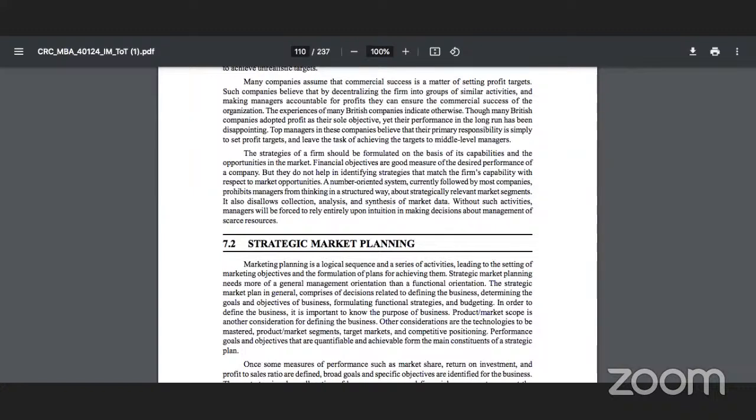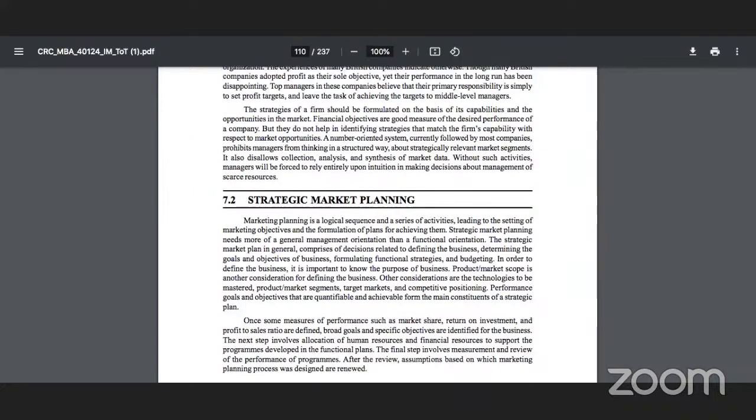At the same time, is my firm capable of seizing that market opportunity and delivering a quality and timely product to match the requirement? So this needs to be understood.